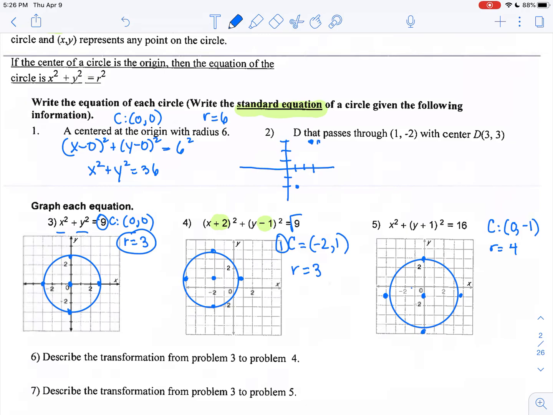If this is my center and it passes through here, I have a circle with an arc that goes something like that. The radius is the distance between this point and this point. I can't simply count, because that line is at a tilt.